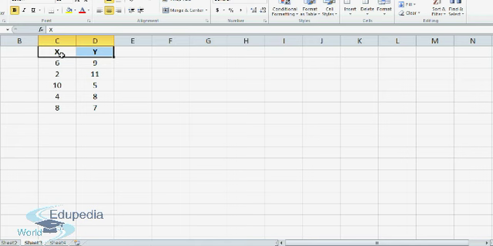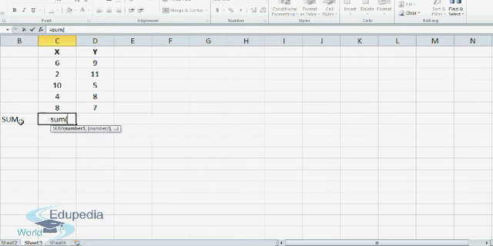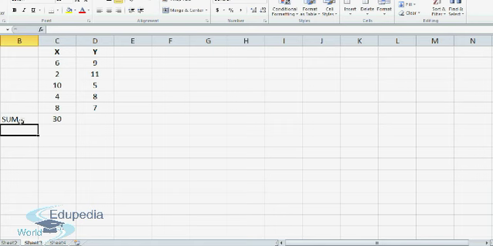Let me use the first form of the formula here. For the first form of the formula, what we need is, first we need the mean average, so let me very quickly find that. The sum of the values of x is 30 and the sum of the values of y is 40.